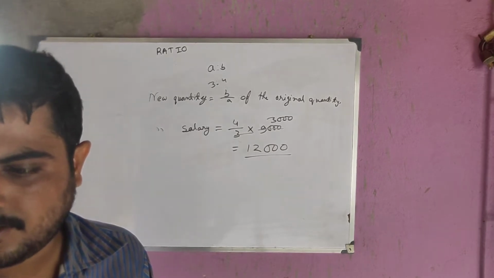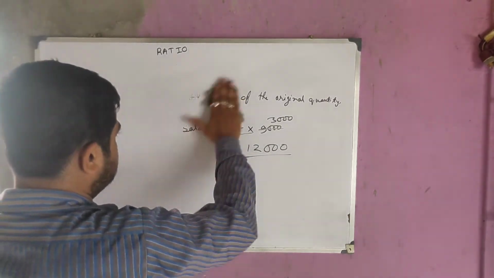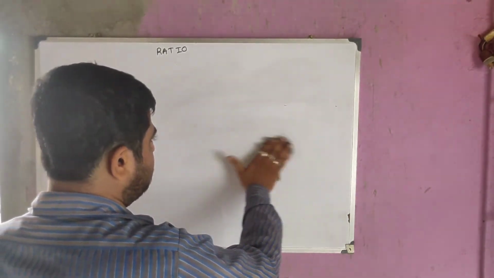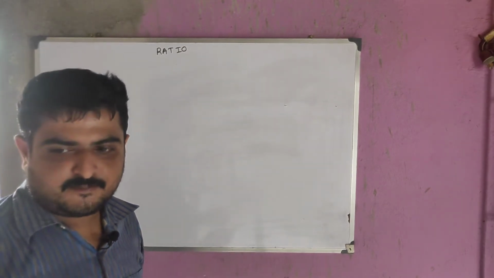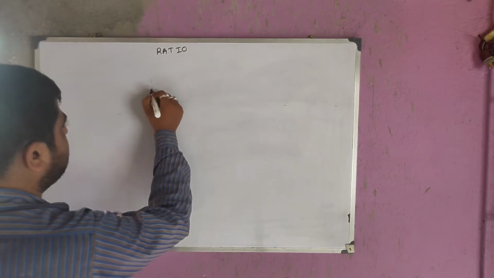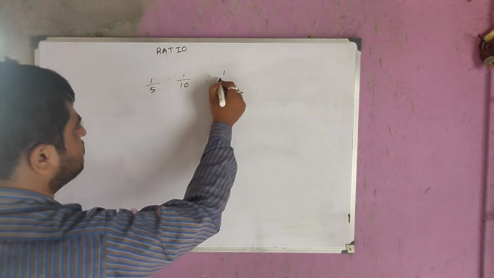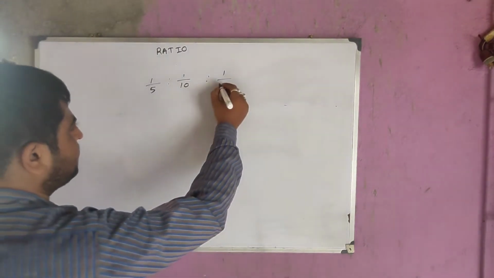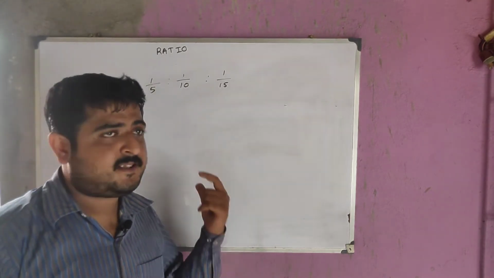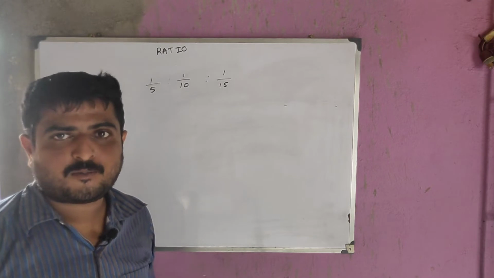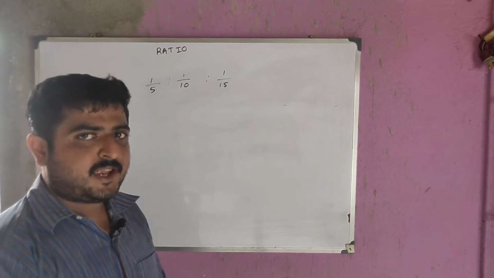So let's come to some sums. Express the following ratio in simplest form: 1/5 is to 1/10 is to 1/15. You have just learned that if our ratio terms are in fractions, you have to convert them into natural numbers by multiplying each term with the LCM of their denominators.